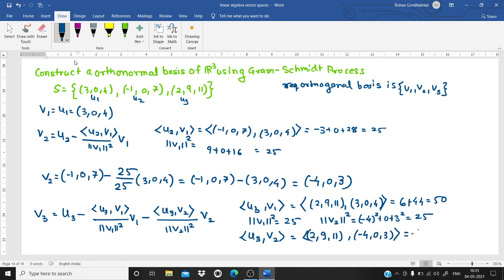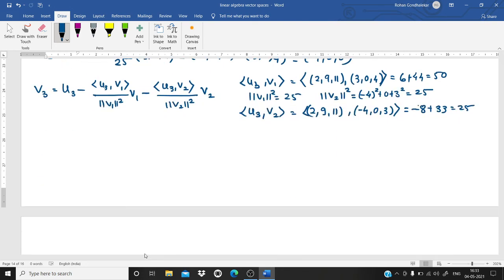So 2 into minus 4 gives minus 8, 9 into 0 is 0, plus 33, which is 25. Now substitute all these values in the formula of v3. So we get 2, 9, 11 minus 50 upon 25 into v1, that is 3, 0, 4, minus 25 by 25 into v2, the v2 vector being minus 4, 0, 3.